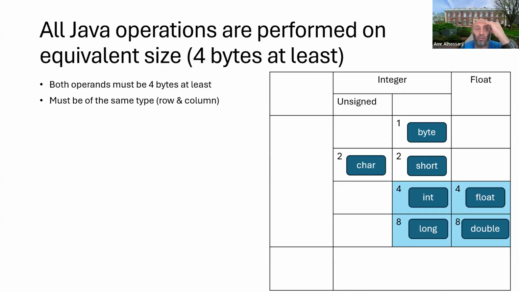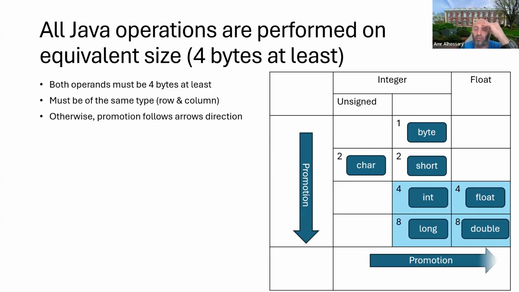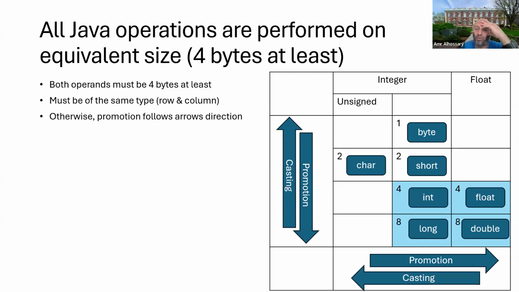If not, promotion occurs according to the arrow direction from up to down and from left to right. So from 1 to 2 to 4 to 8 bytes, and from unsigned to signed, and from signed to floating point. The opposite is called the cast. If you go from float to integer and from signed to unsigned and from bigger to smaller.